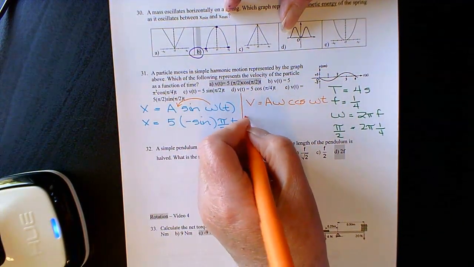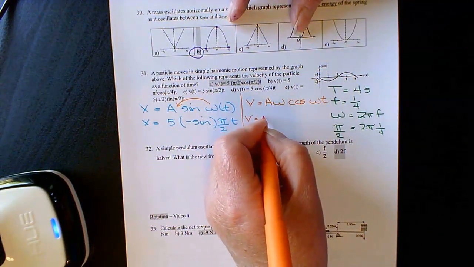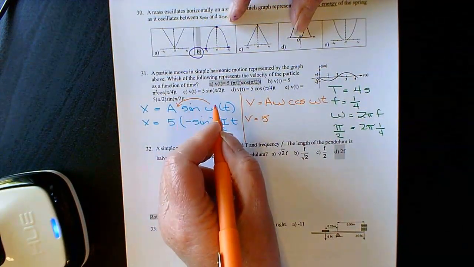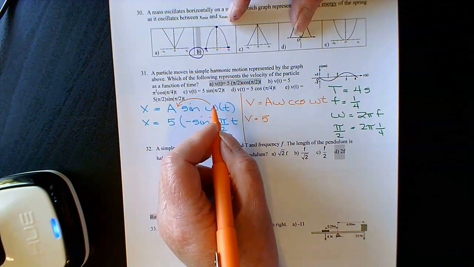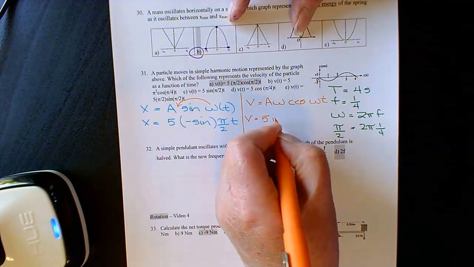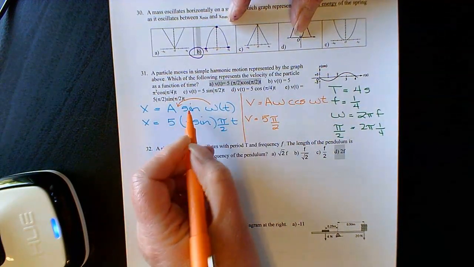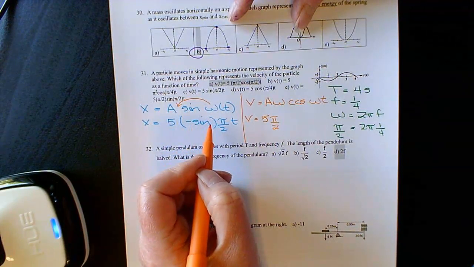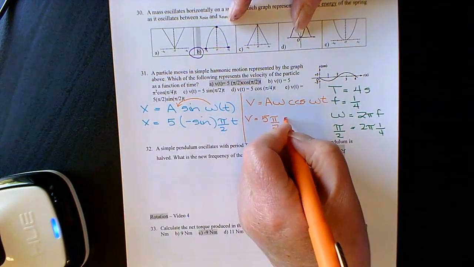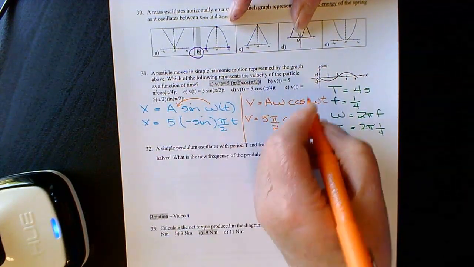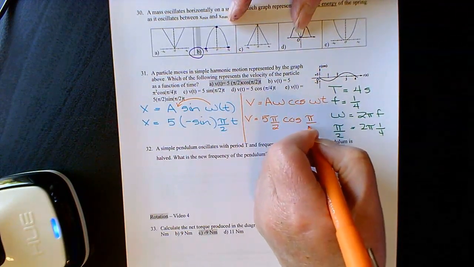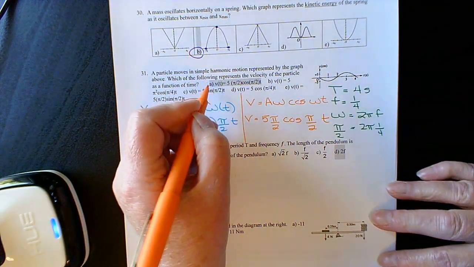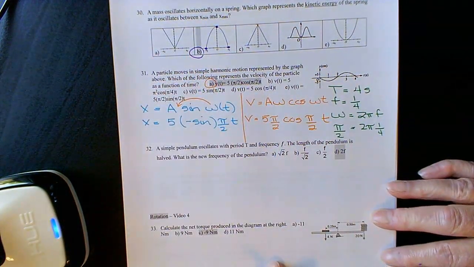So let's say it again. The velocity is going to be the amplitude. You pull the w out, the angular velocity, or angular frequency. It's going to be pi over 2. And you take the derivative of negative sine, which happens to be cosine. And then we still have the pi over 2, and we have the t. So that looks like this one.